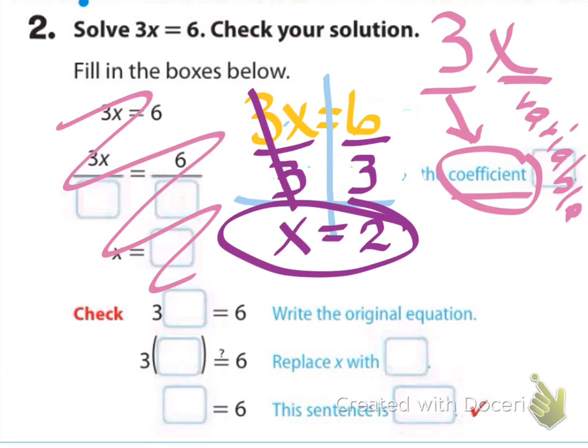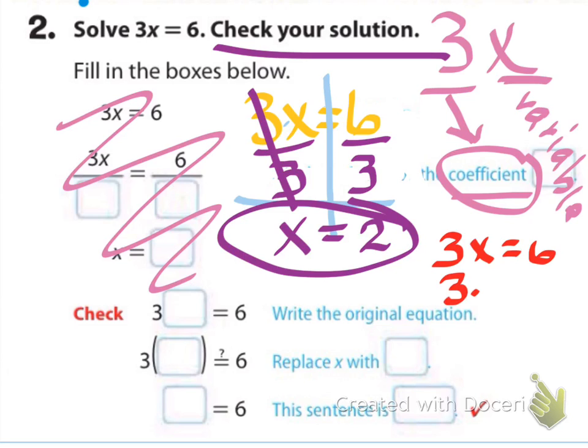Now to check our work, because we always check our solution, we're going to do 3x equals 6. We say that x is 2. 3 times 2 is 6. 6 equals 6, check mark. But our real answer is x equals 2, and that's why you should be circling it. Otherwise, you're going to tell me that the answer is 6, and no, it's not, it's 2.